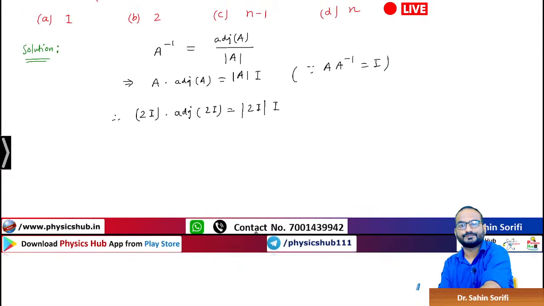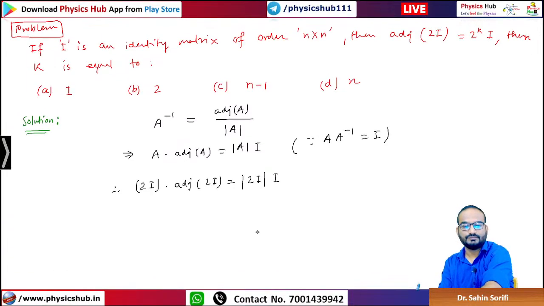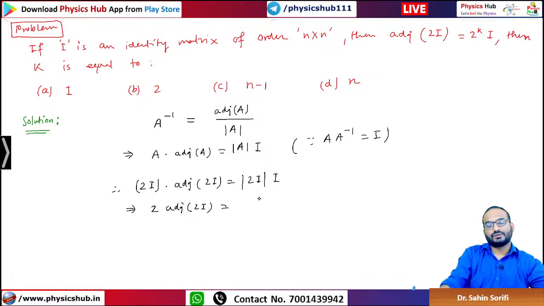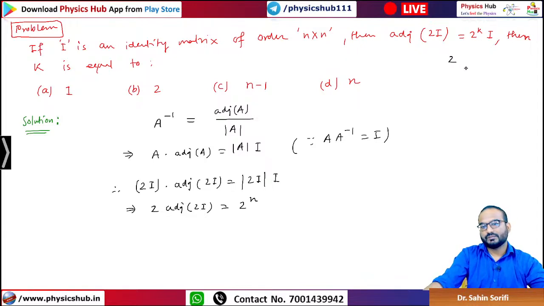Okay, look at this now. 2 times identity matrix is 2I, adjoint of 2I. 2I modulus means 2 to the power n, because an n by n matrix is there where the principal diagonal elements are 2, 2, 2, 2 and so on, and all other elements are 0.